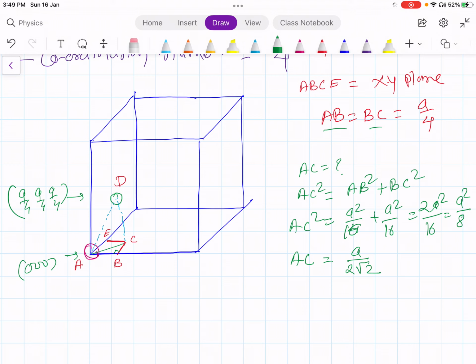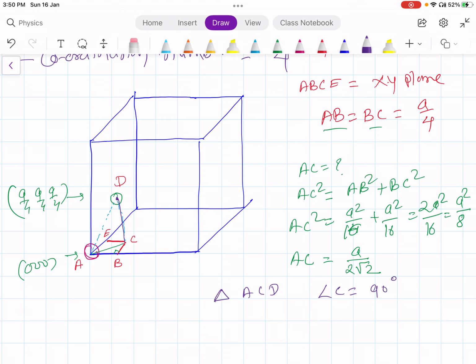Now let us consider another triangle. I'm joining C with the center here. That point is D. As you can see in this triangle ACD, angle C is 90 degrees.